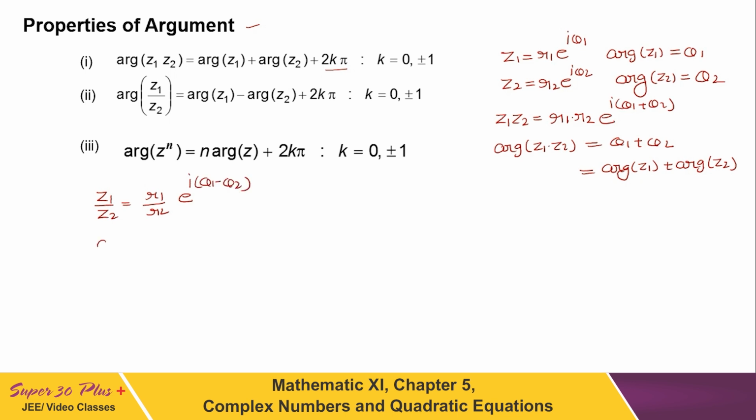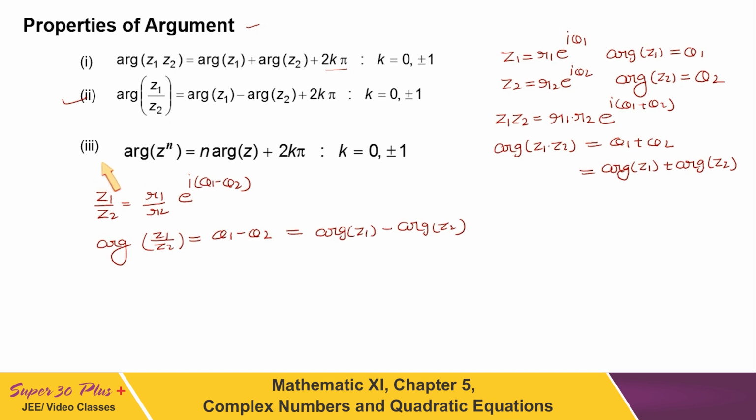So we can write argument of z1 upon z2 is equal to theta 1 minus theta 2. So it is equal to argument of z1 minus argument of z2. This is property number 2.